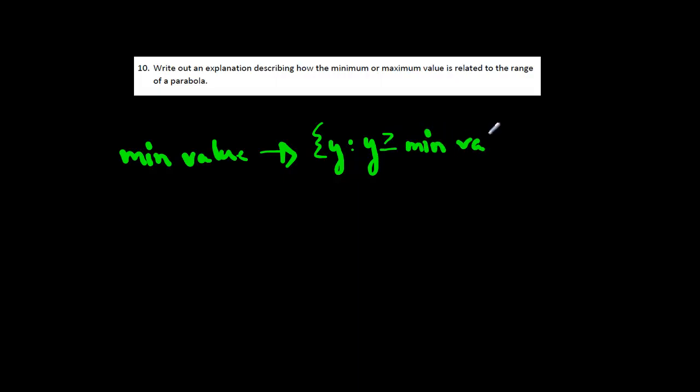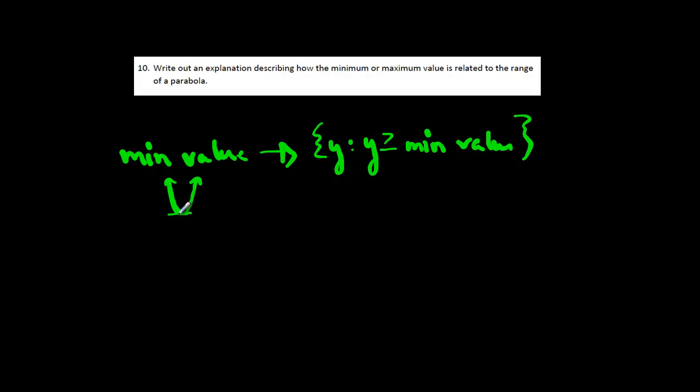If it's a min value, then the range is going to be the set of y's such that y is greater than or equal to the min value. And the reason why is because if it's a min value, it bottoms out.